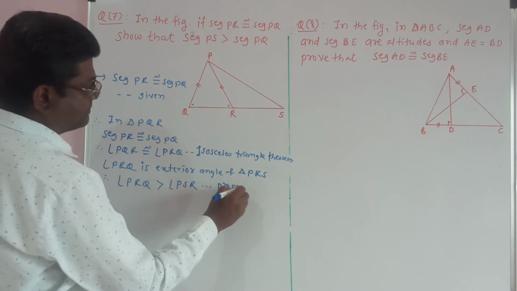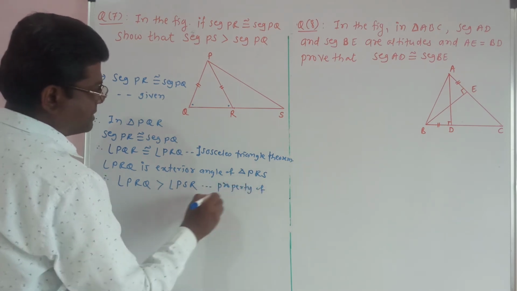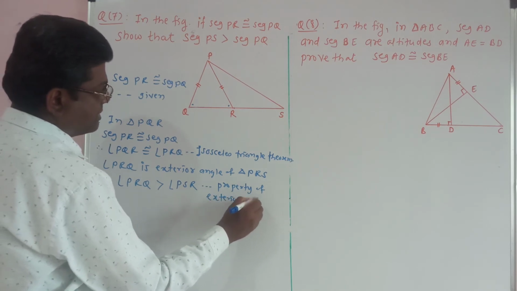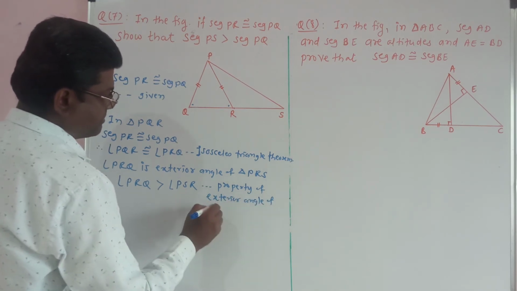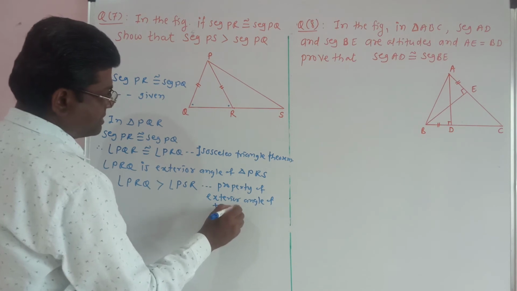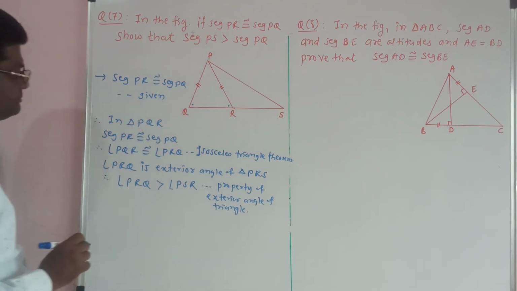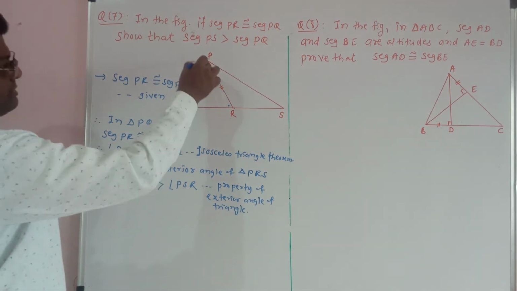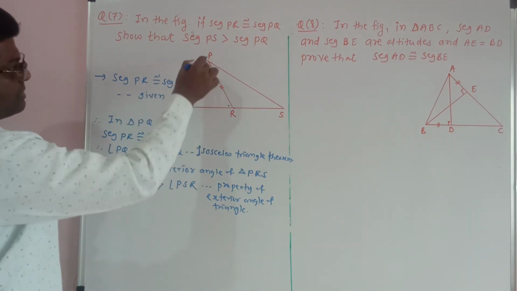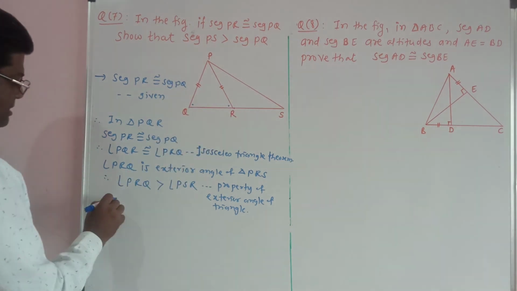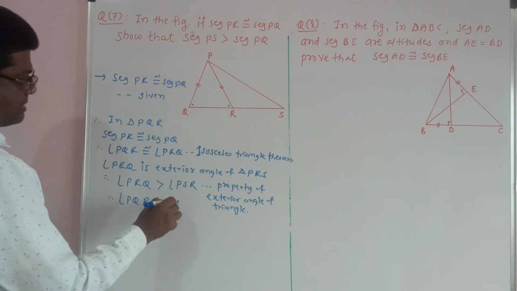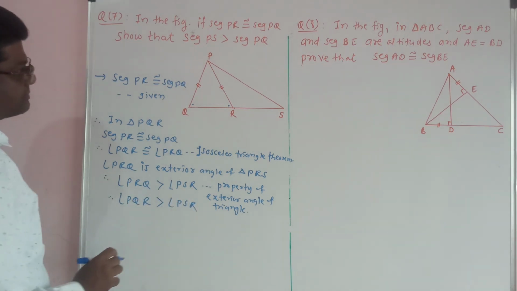Property of exterior angle of triangle. Now this angle PRQ is equal to angle PQR. Therefore angle PQR greater than angle PSR.